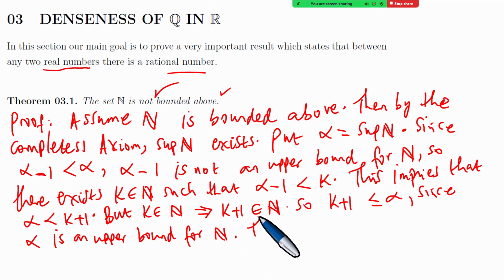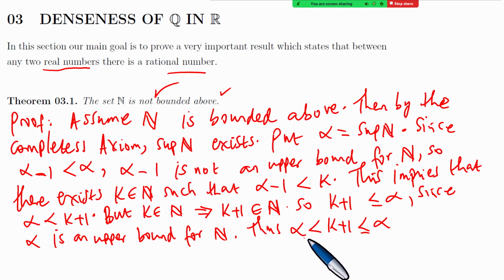Okay, thus, alpha is less than k plus 1, less or equal to alpha. Since alpha is an upper bound for n, alpha is above anything that is a natural number. We can sandwich, like we formed sandwiches using the former result.